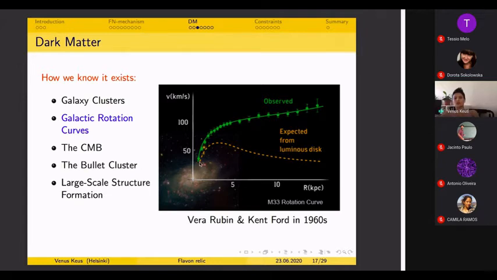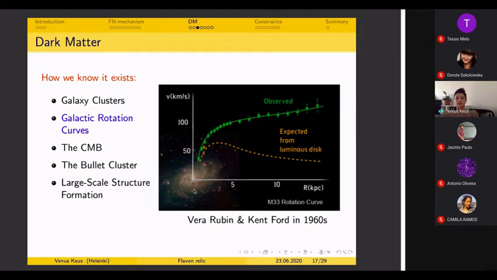But actually what was observed was that the velocity went up and just stayed constant, as if you're not looking at separate things running, but at a solid disk, where wherever you look on the disk, the rotational velocity of each point is the same. So that also gave an indication that what the visible matter can account for isn't all there is in the galaxy.